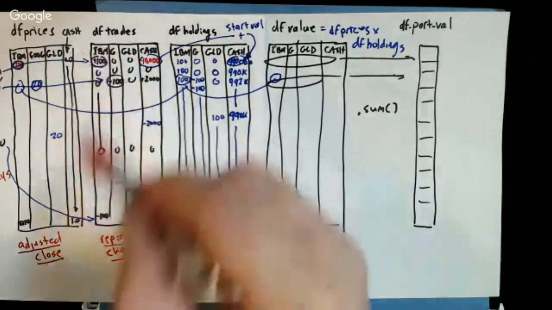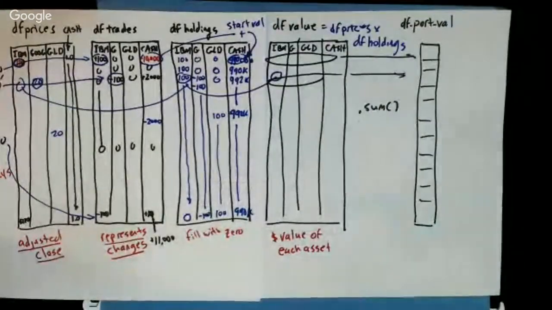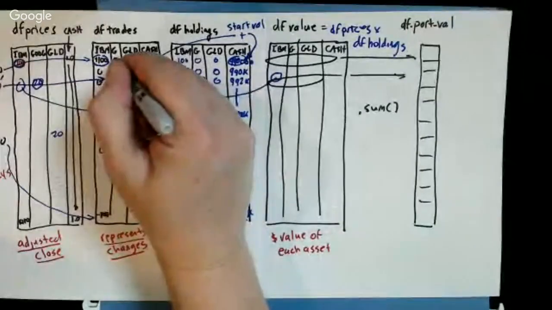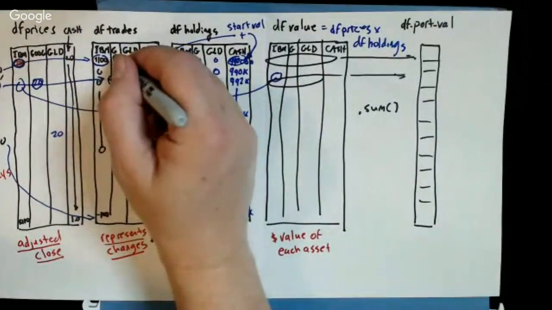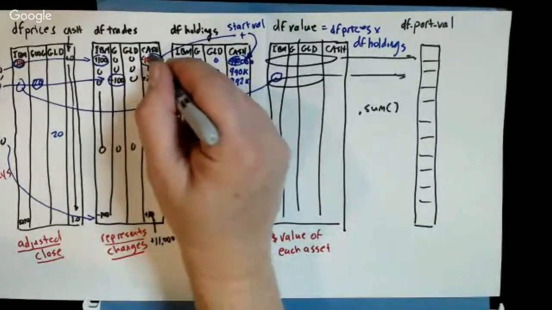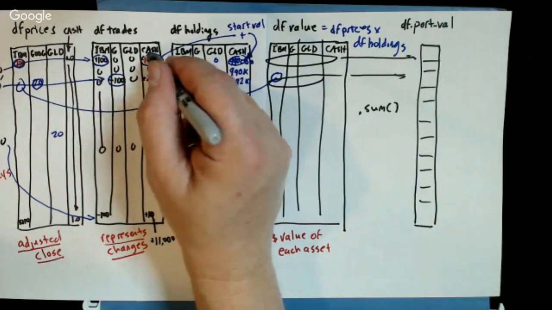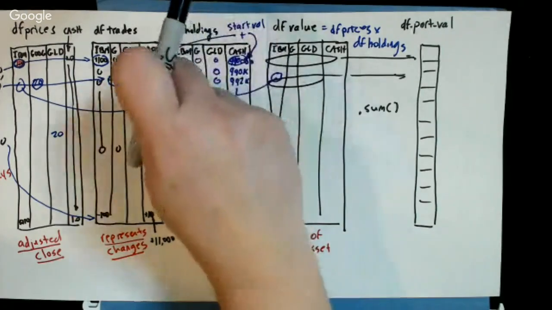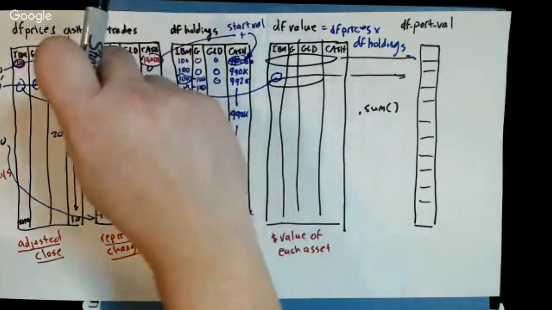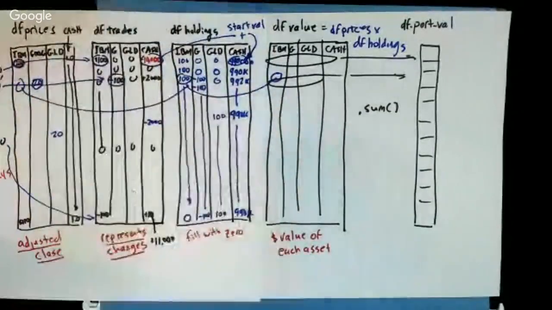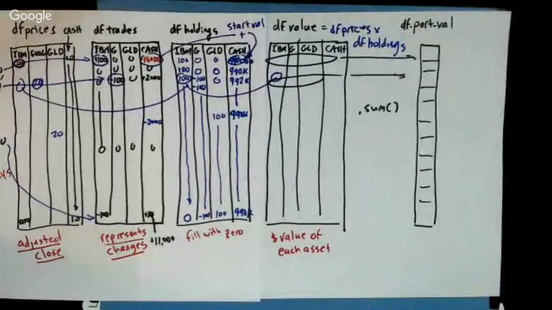Then we'd have plus 100 IBM, plus 100 Google. But you need to additionally subtract whatever Google costs that day from this cash. So you encode multiple trades per day in the same row of DF trades.